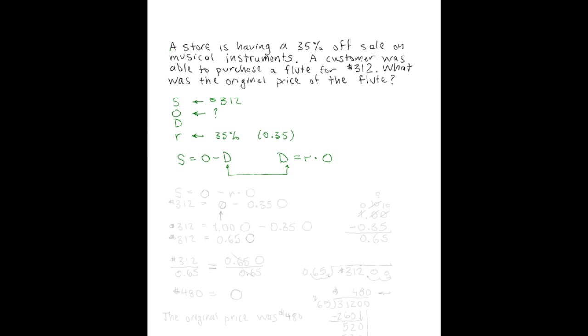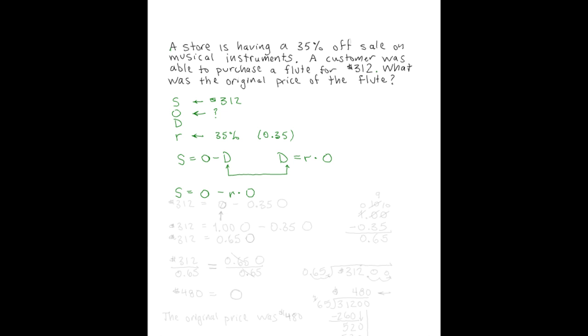And instead of writing D, we can write R times O, because we know D equals R times O. So this gives us that S is equal to O minus R times O. Now we have one equation. Our unknown is O, and the other things in our equation are the S and the R, and we know both of those. So now we can actually solve this equation.